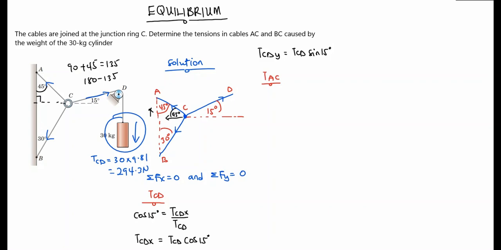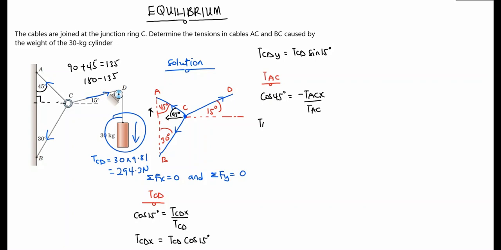All right, so taking cosine of that angle, cosine of the 45 degrees, that will be equal to the adjacent side, which will be minus TACX, right, over the hypotenuse, that's over TAC, right? I negated it because it is moving in the negative x axis direction, that's for the S component.